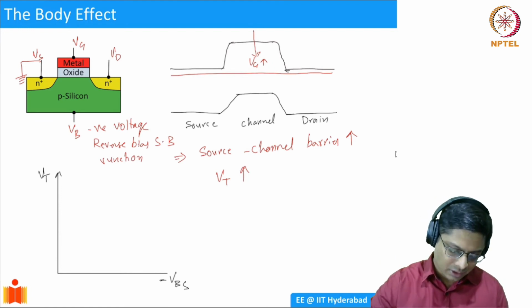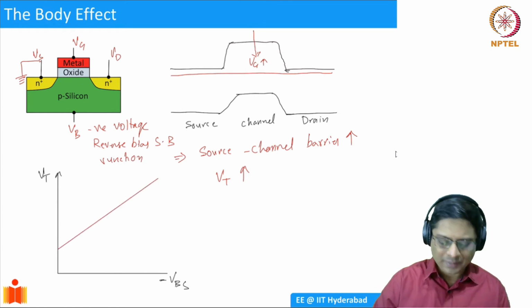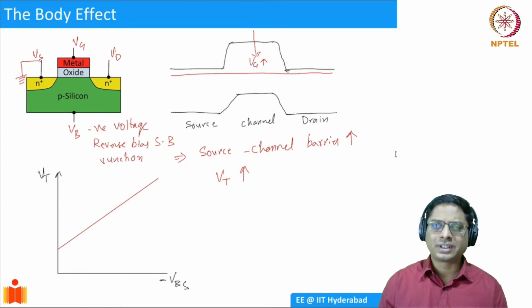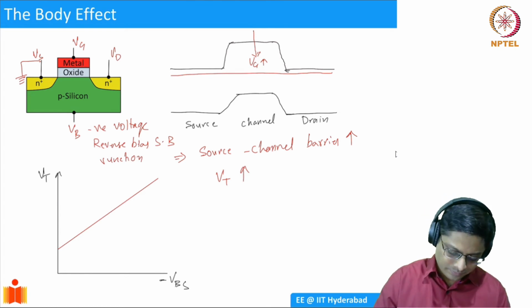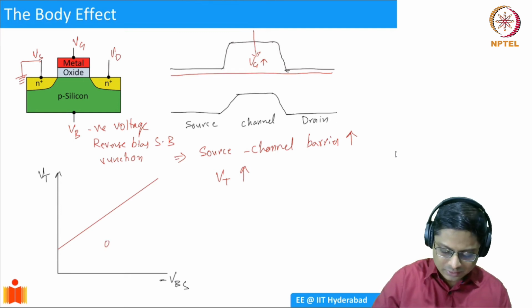So you'll have a curve which looks like this typically. I mean, it need not be exactly a straight line, but more or less. So for a 0.25 micron CMOS technology, this will be about 0.4 volts.